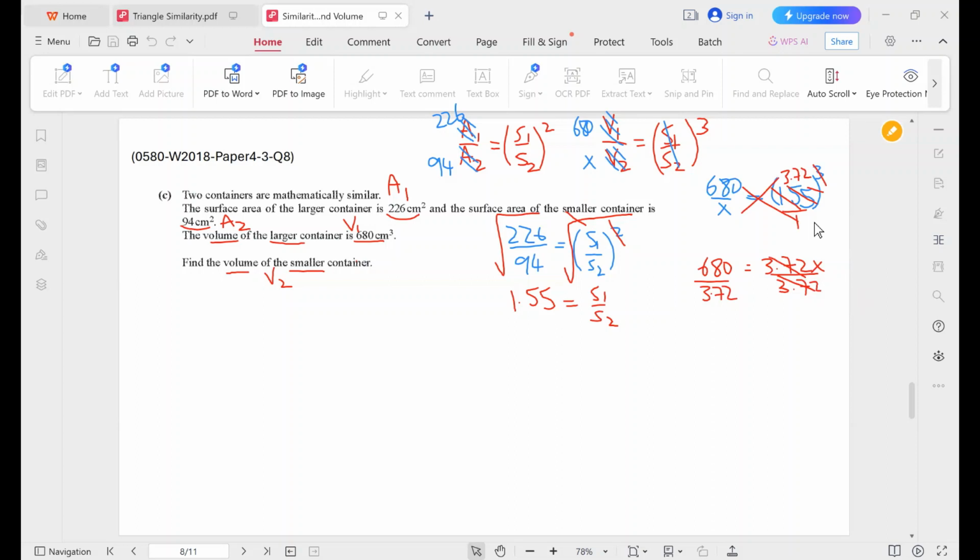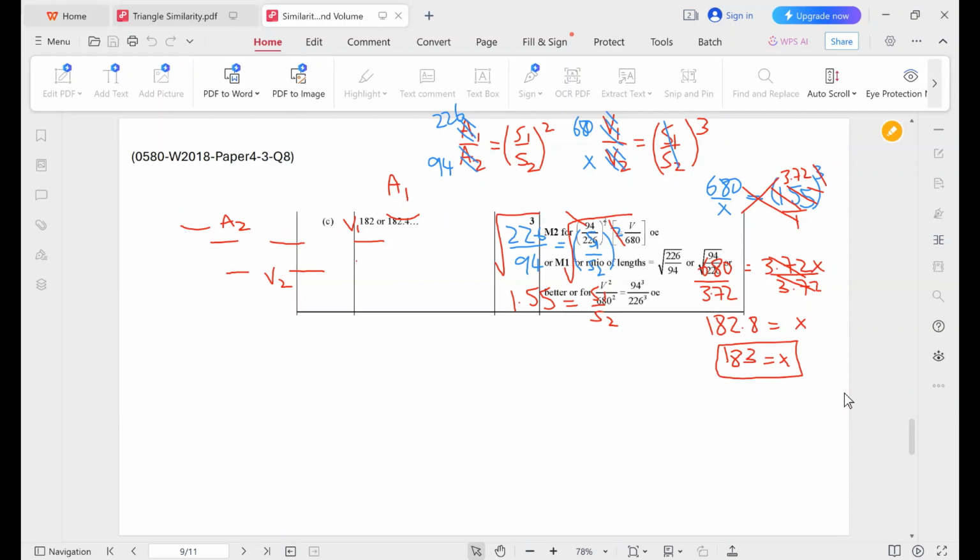This gives us 182.795, so 0.8 equals x, or even we can write 183 equals x as a final answer. Let's check the marking scheme. 182 or 182.4. So this is slightly different because of the approximation we made in the middle, but that should be okay for this problem.